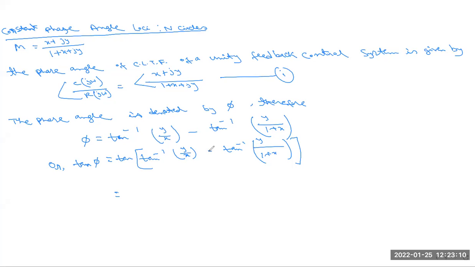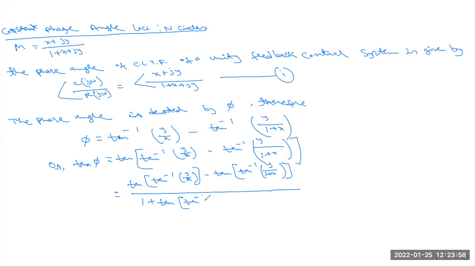The formula is tan A minus tan B by 1 plus tan A tan B. So tan of tan inverse (y by x) minus tan of tan inverse (y by 1 plus x), divided by 1 plus tan of tan inverse (y by x) dot tan of tan inverse (y by 1 plus x).